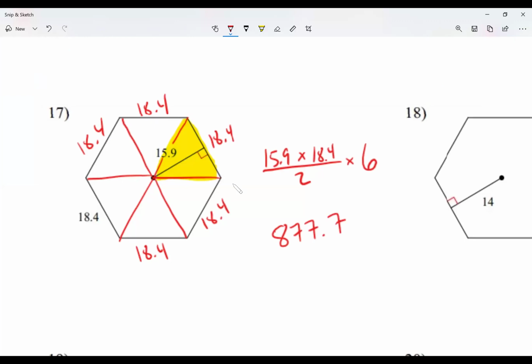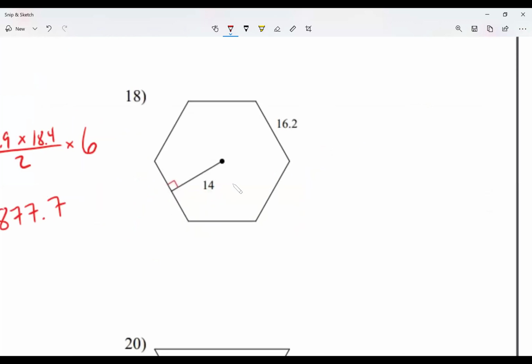Okay, let's take a look one more time. Each side outside is 16.2. So I'm gonna say each of these is 16.2. The one triangle I'm gonna be looking at is this one. Let me highlight it.